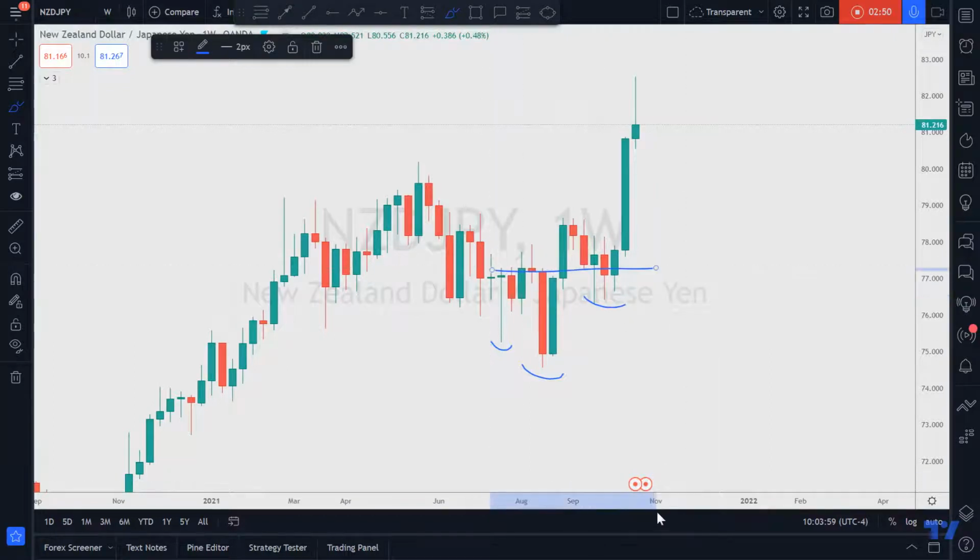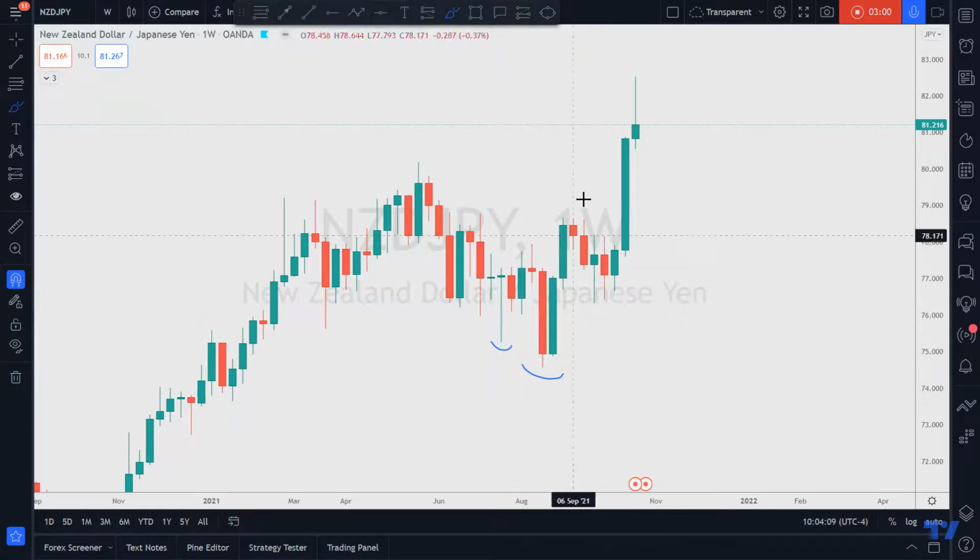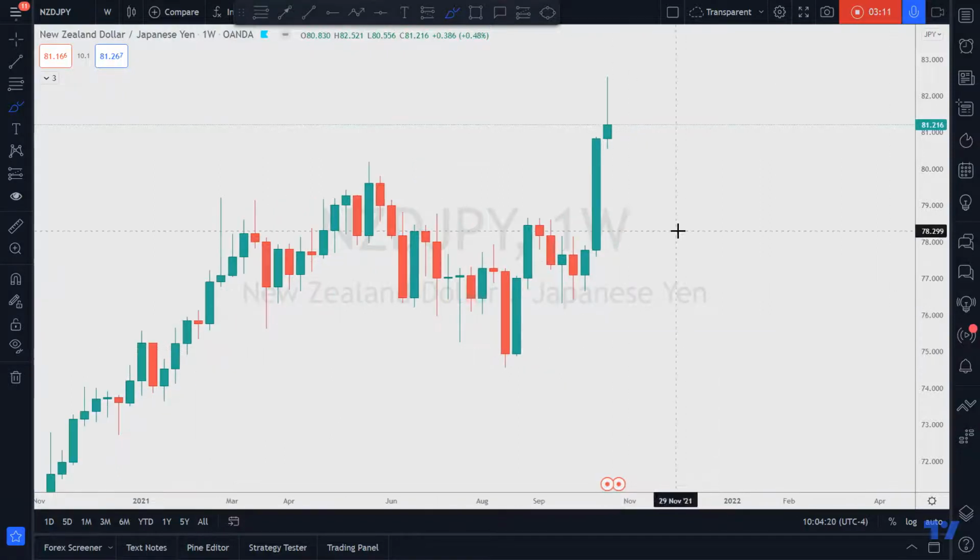With inverted head and shoulders, you'll see a more symmetrical, even neckline. Quasimodo gives you the low, lower, higher aspect of the head and shoulders. That's all I'm worried about. Anyway, so much for that lesson.